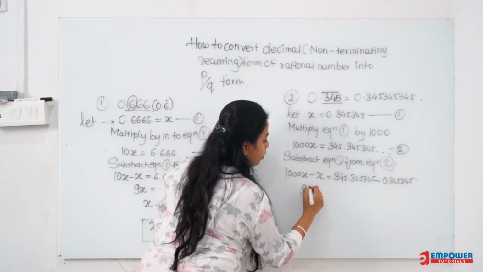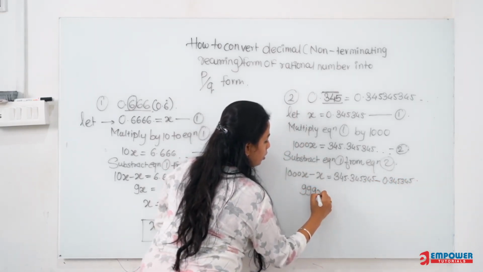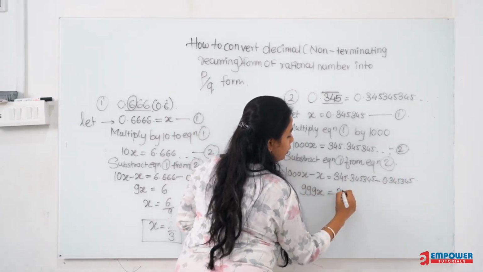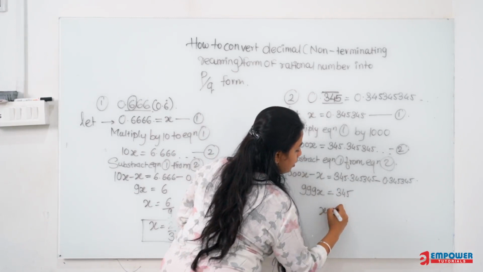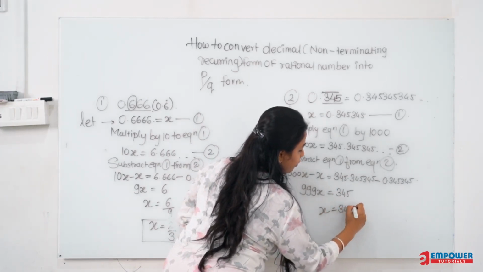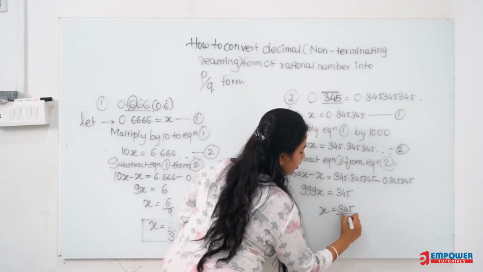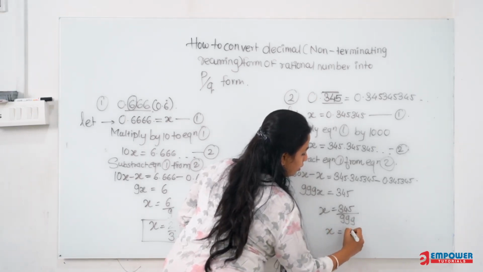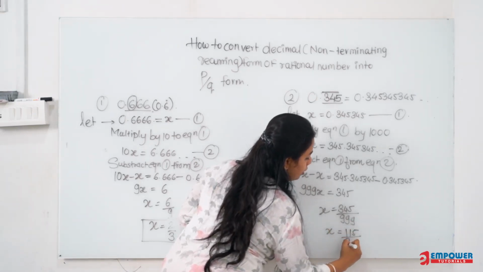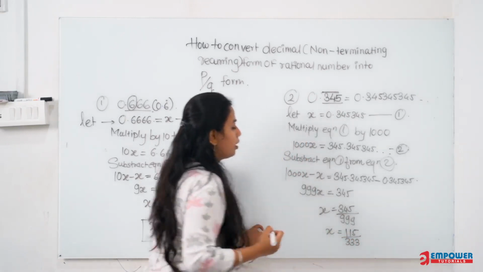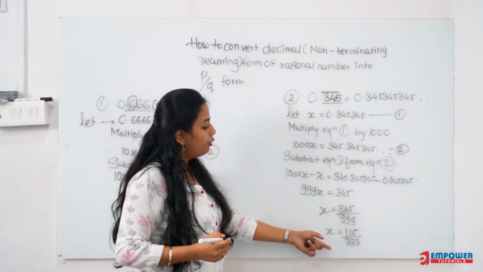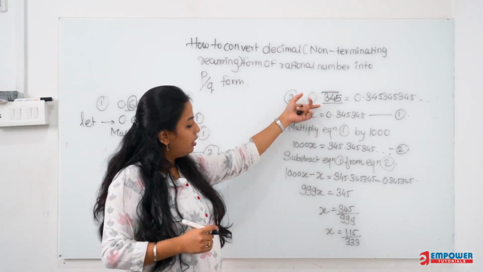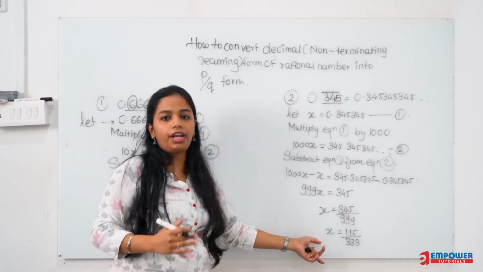So this will be equal to 345. So x is equal to 345 upon 999, or in the simplest form I can write it as 115 upon 333. So this is how we can convert this decimal form of rational number into p by q form of rational number.